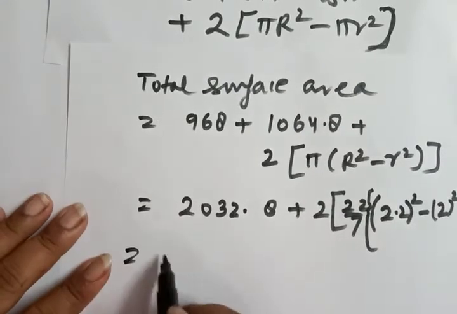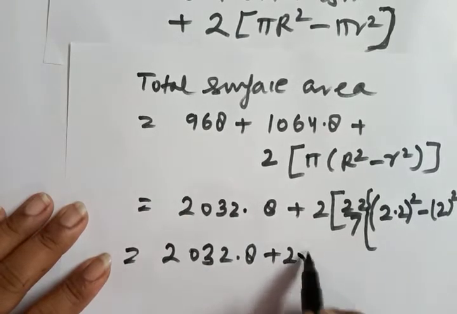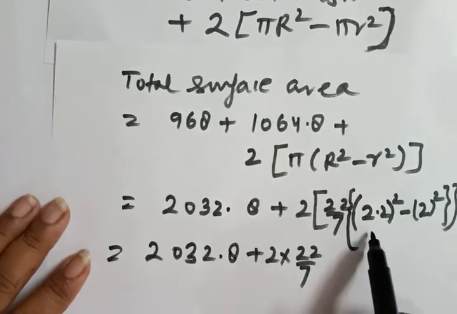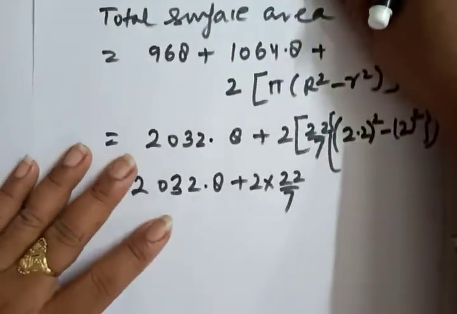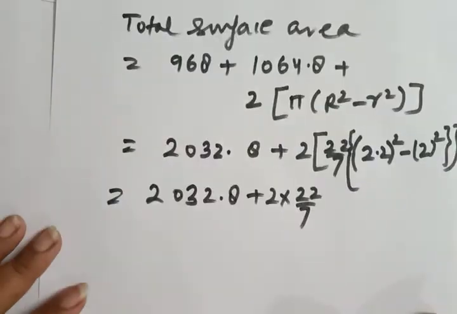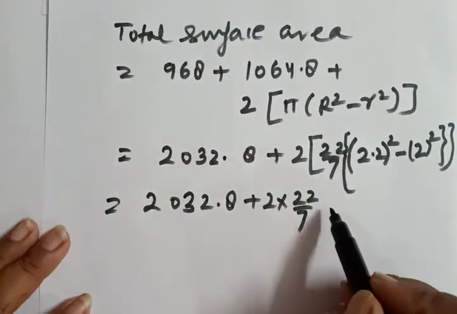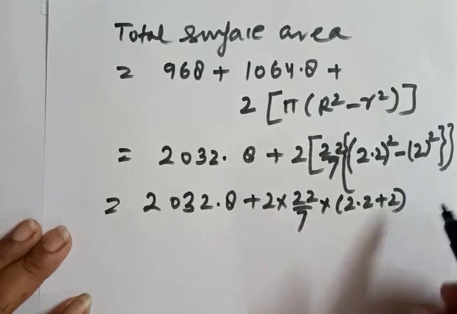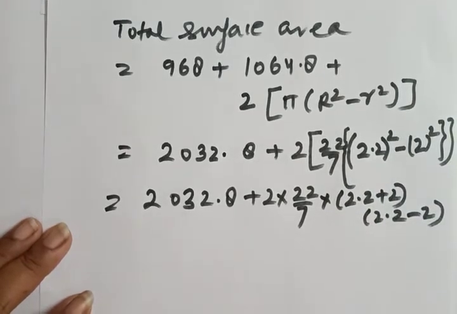Now 2032.8 plus 2 into 22/7. See, I am using the identity here, a square minus b square is equal to a minus b into a plus b. It makes your calculation easy. That is equal to 2.2 plus 2 and 2.2 minus 2. Clear?